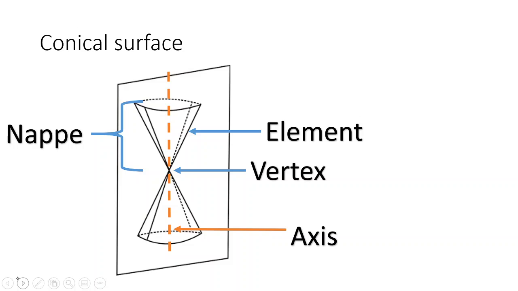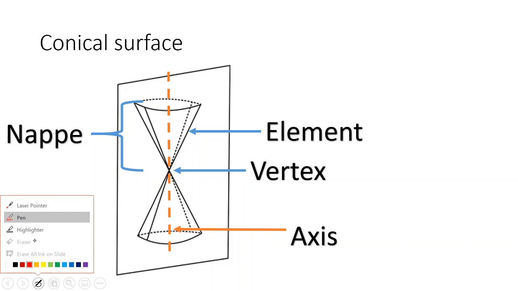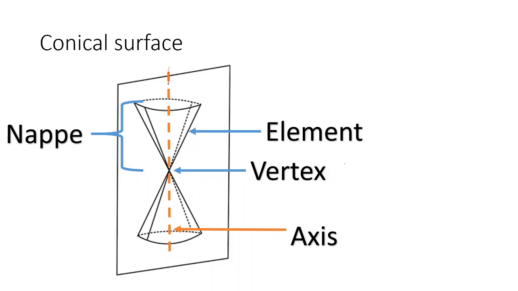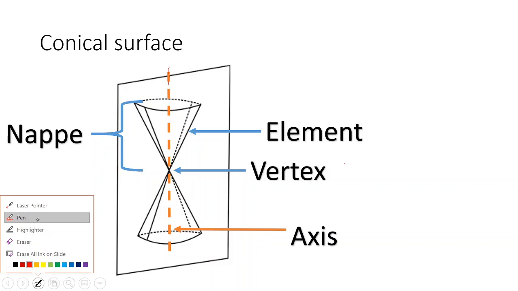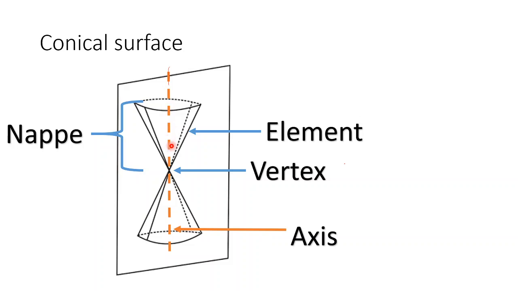The vertex is the point at which the cones come together, and the axis is this line right down here. And the cone itself is the nappe. So if you have one cone, it's the nappe.